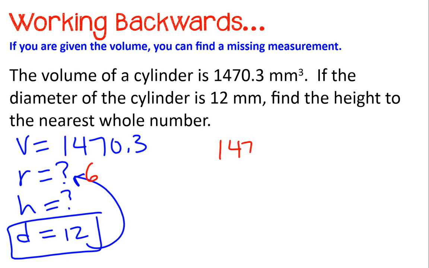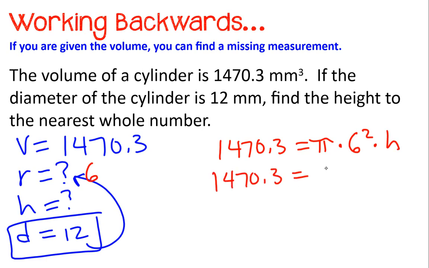So 1470.3 equals pi times 6 squared times h, or 1470.3 equals pi times 36 times h. Now, you know, sometimes as you get really good at this, you start thinking ahead. This is what I mean. So as you substitute your values, then on your next step, you start writing it in that order.